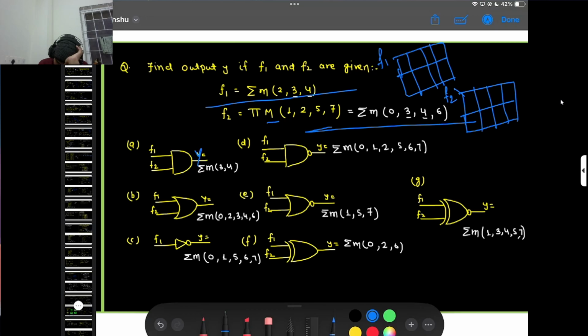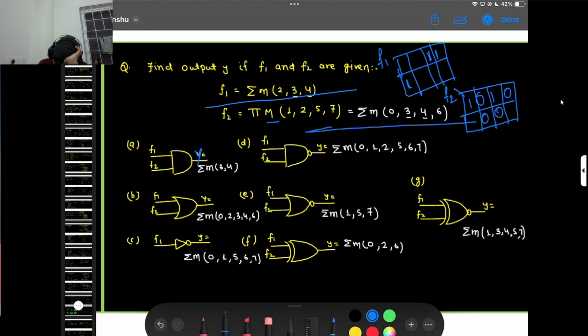So for F1 we go through min term. What is min term? 2, 3 and 4. And for F2, this is max term. Max term is 1 2 5 7. So this is my 1, this is my 2, and this is my 5, and this is my 7.